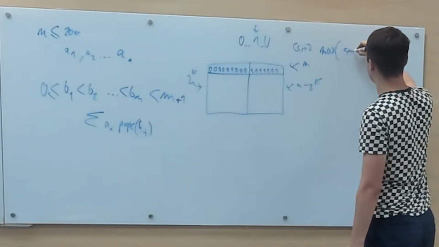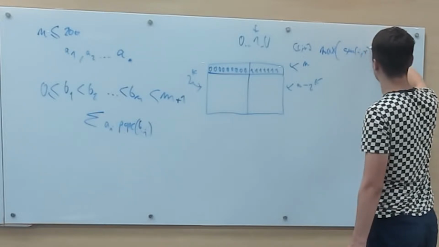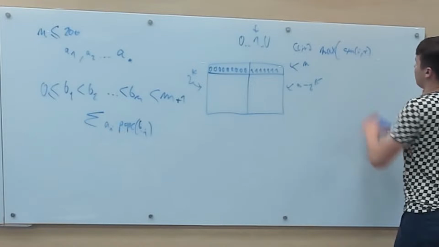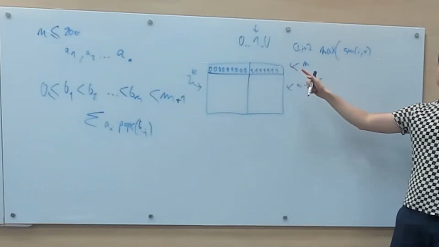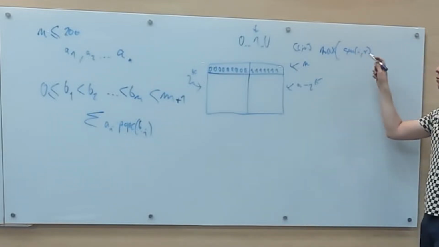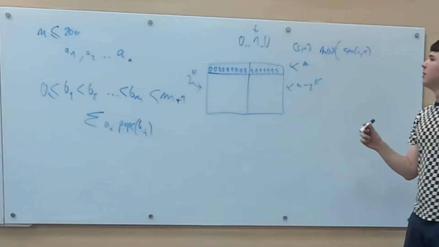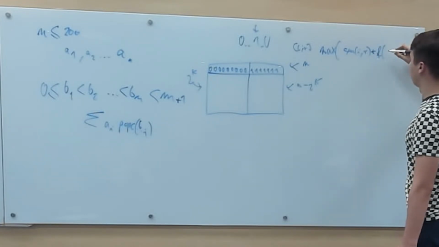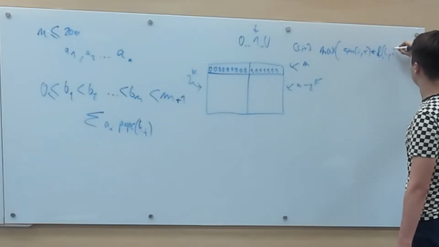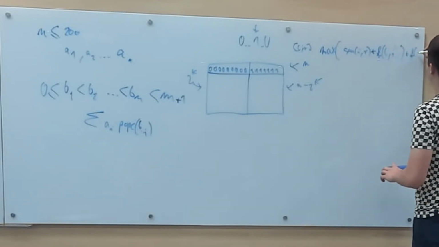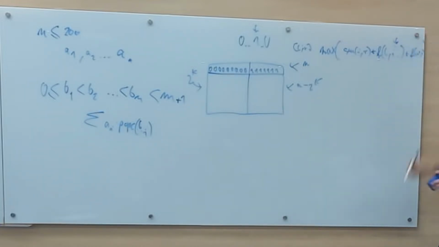sum from I to R times this, which is the contribution of those ones to the pop count here. This is the sum over the AI sequence, plus F L I, plus F I plus 1 R with some updated bounds here, right?